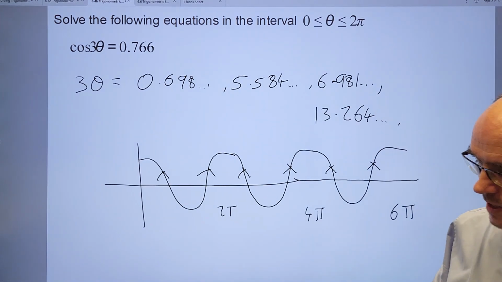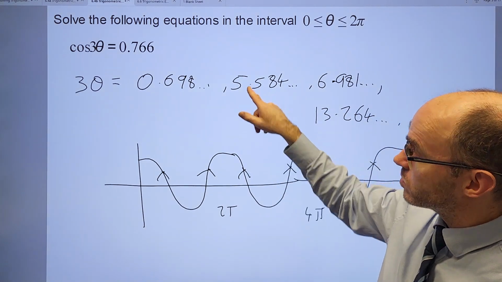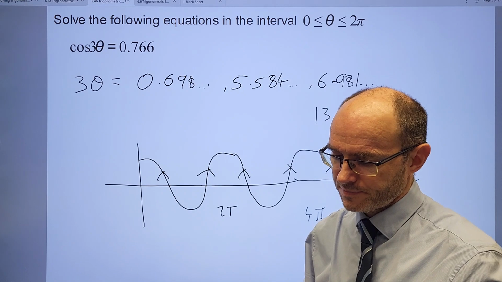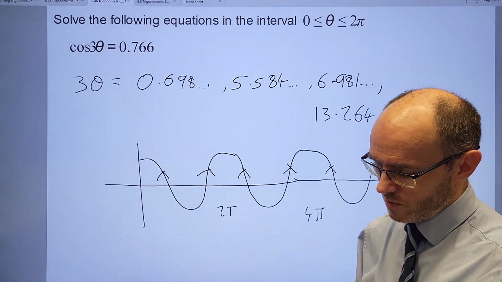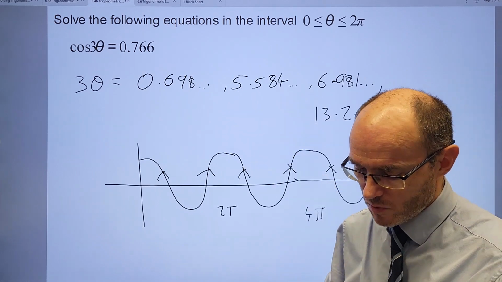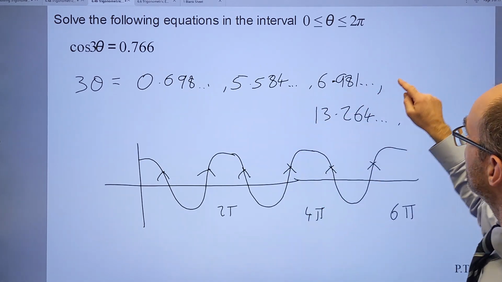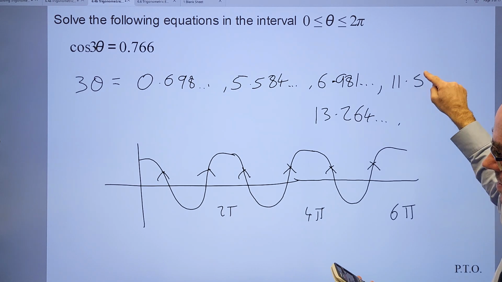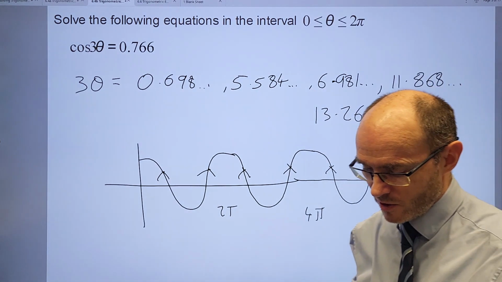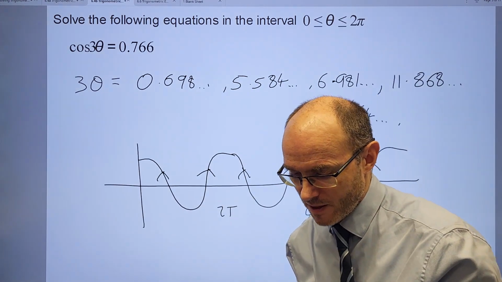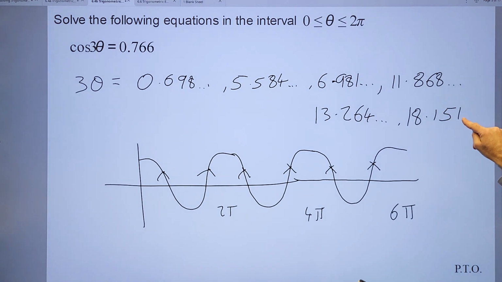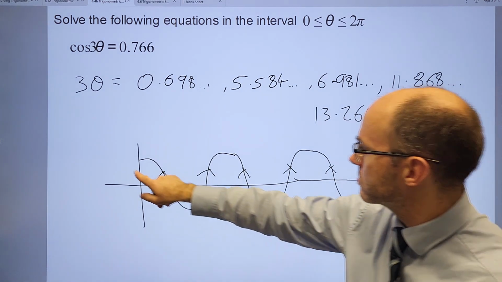And then to get the next ones, I'm going to start with this one. So inverse cosine 0.766, and then 2 pi minus. Right, so I've got that on my calculator display. Add on 2 pi. I've got 11.868 something, and then add on another 2 pi. 18.151 something. So I'm just going to get rid of this graph now.